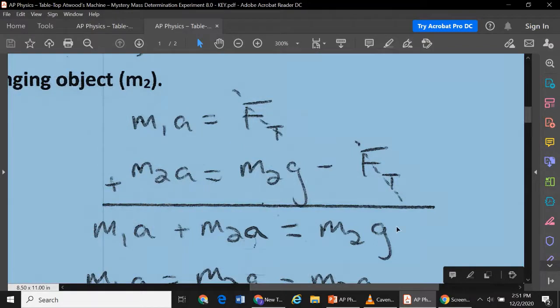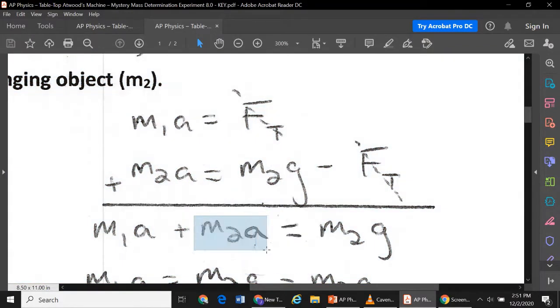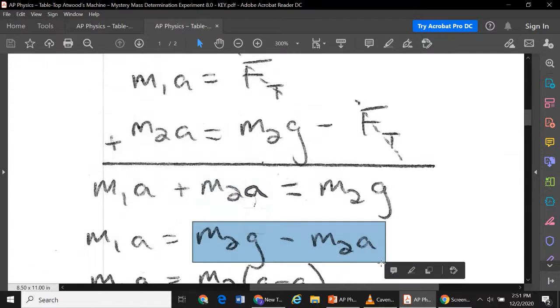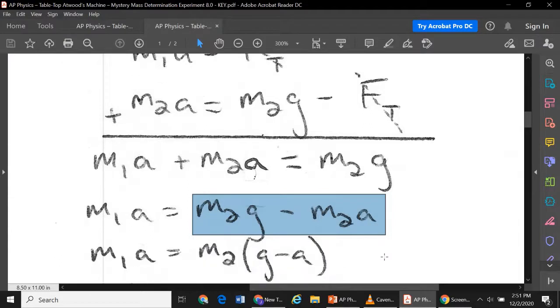So the first thing I definitely have to do here is gather all of the m2 terms on the same side of the equal sign. And so I do that by subtracting m2a over to the other side. And now that I have m2 in both terms on the right-hand side, I can factor it out. And so when I factor it out, I get m2 times g minus a on the right side.